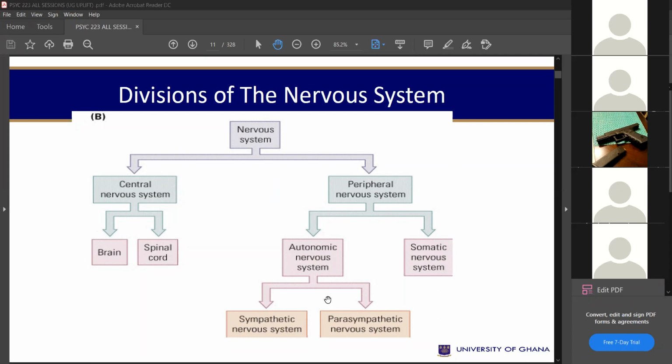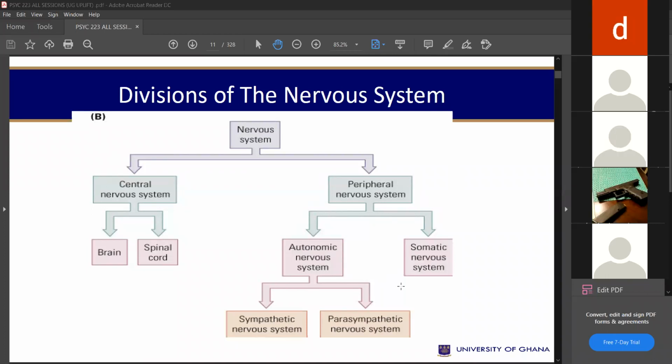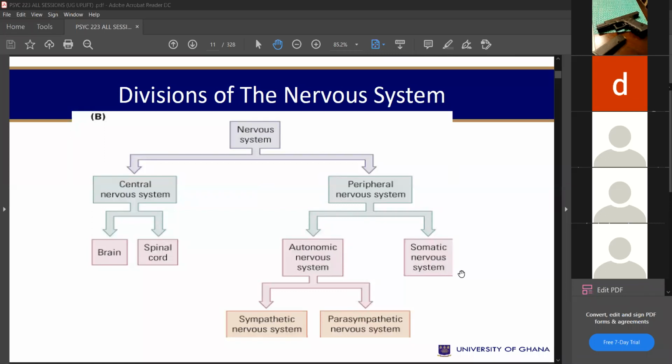So what would be the opposite? The parasympathetic is the opposite of the sympathetic. So we normally say that the parasympathetic takes you back to your normal self. Exactly. Before you got into the sympathetic position.